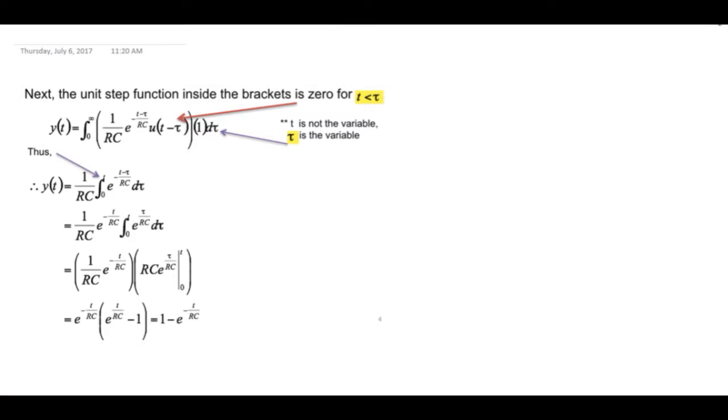Coming back here, once we have obtained that, we focus on this particular unit step function. That is why it is so important. We all know what u(minus tau) looks like.